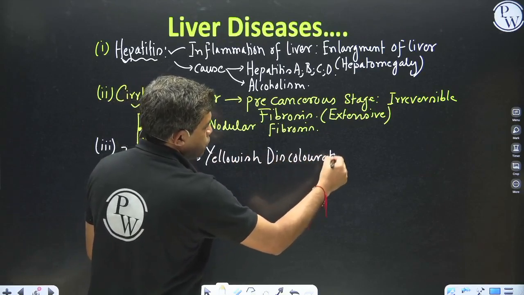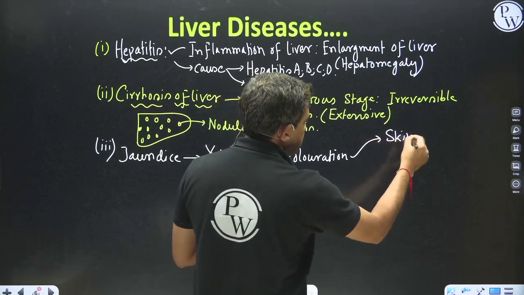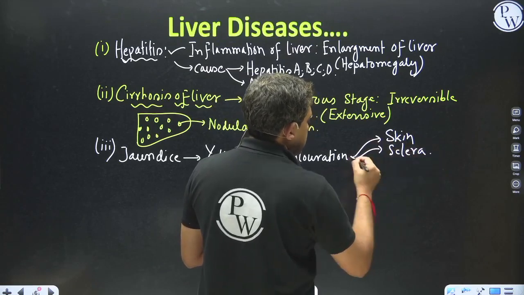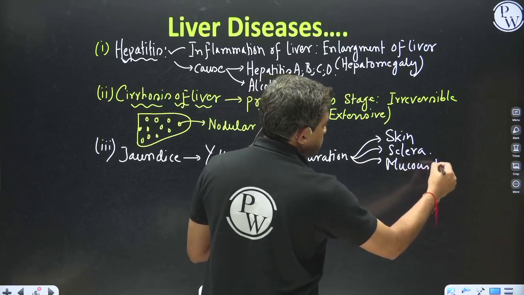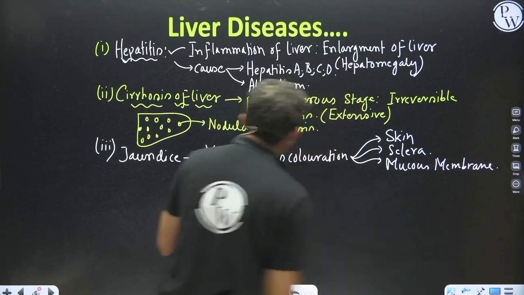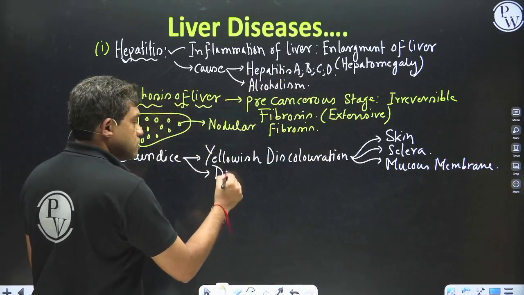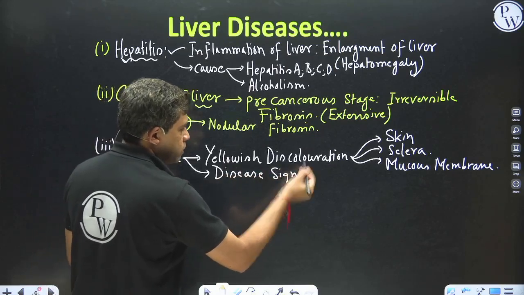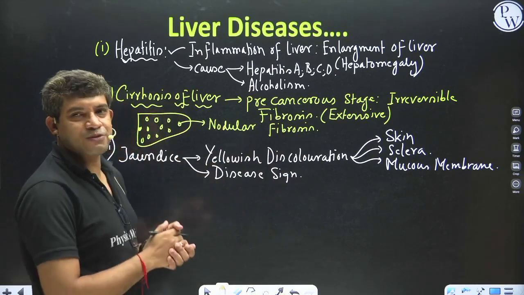It may occur in the skin, in the sclera, and in the mucous membrane. The basic thing is that it is not a disease actually, it is only a disease sign. That is yellow discoloration of the mucous membrane, the sclera, as well as the skin.